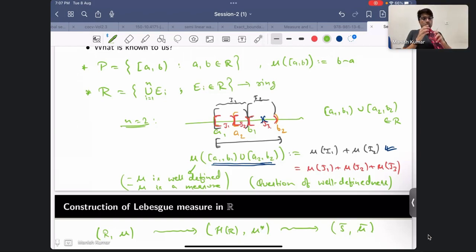No, sir, it is in the assignment. Yes, you can check; it's very mechanical that it is a ring, but the definition is of this form, where E_i is of the form (a_i, b_i).